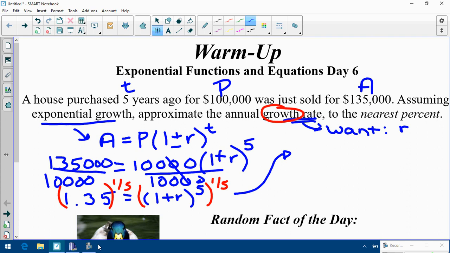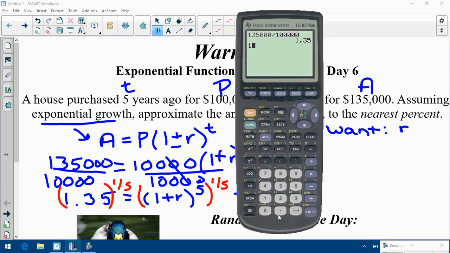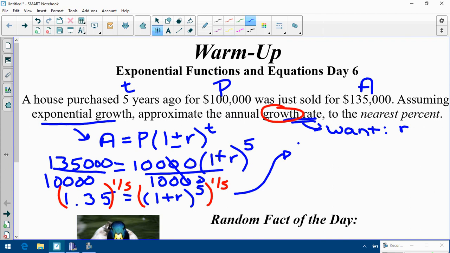Okay, so let me go back to my calculator. I want 1.35 raised to the 1/5, which gives me that big long decimal, 1.0618..., equals 1 plus R. And then finally to solve for R, subtract 1 from both sides.